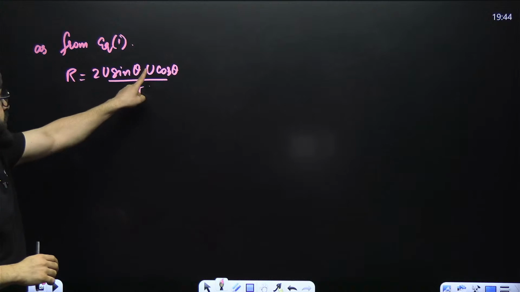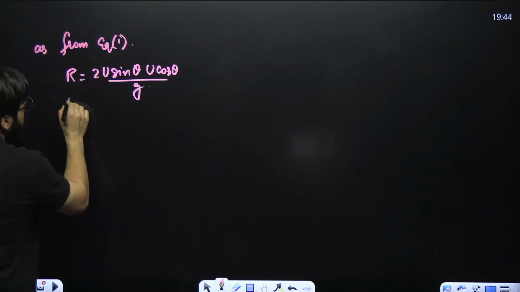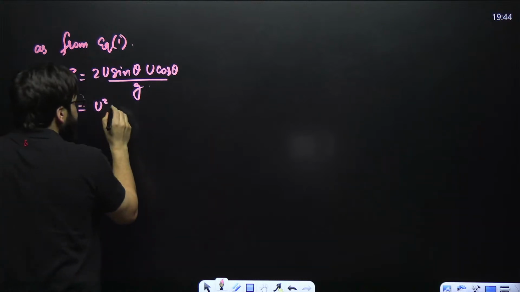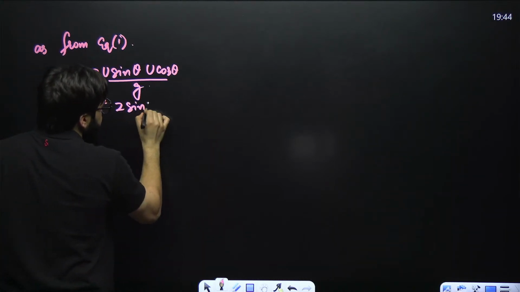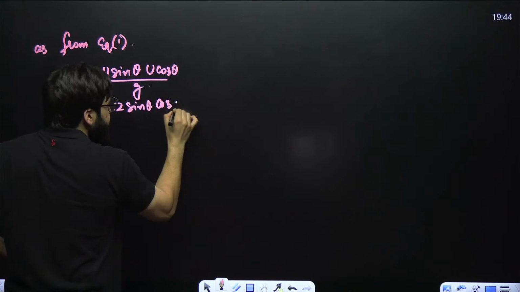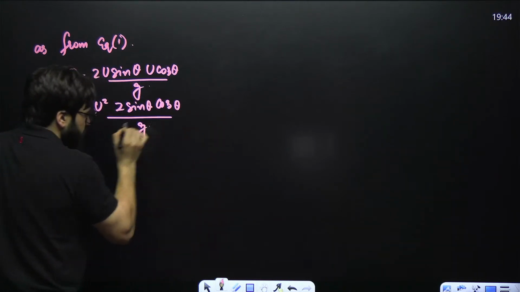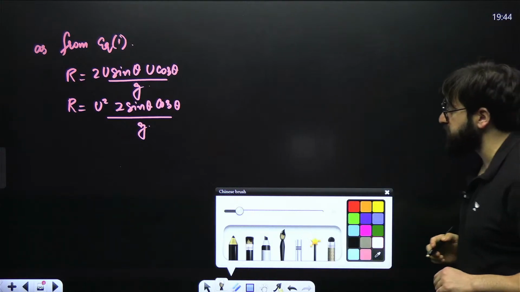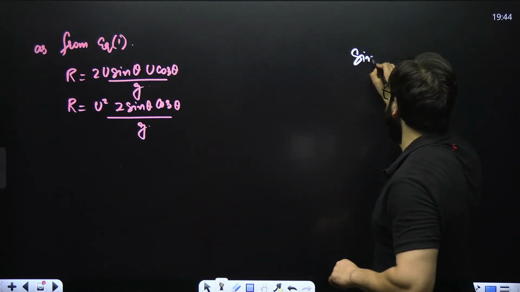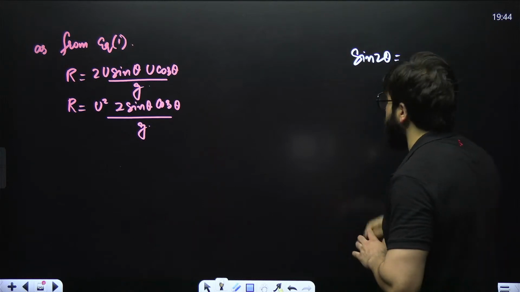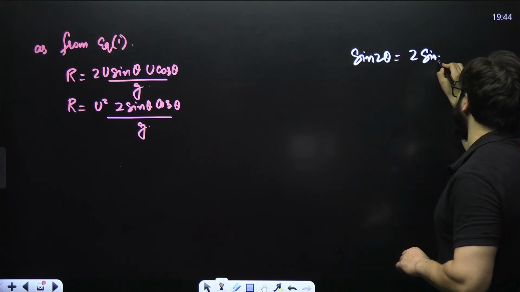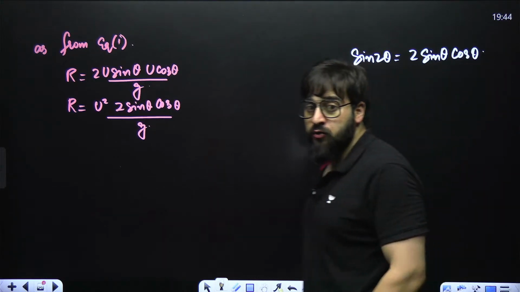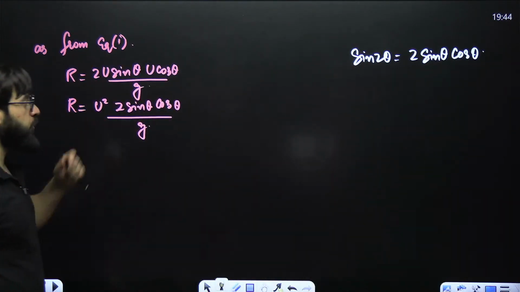Guys, u into u I can write as u square, and then twice sine theta cos theta divided by g. There is a trigonometric identity I want you to understand: sine of 2 theta is equal to 2 sine theta cos theta.